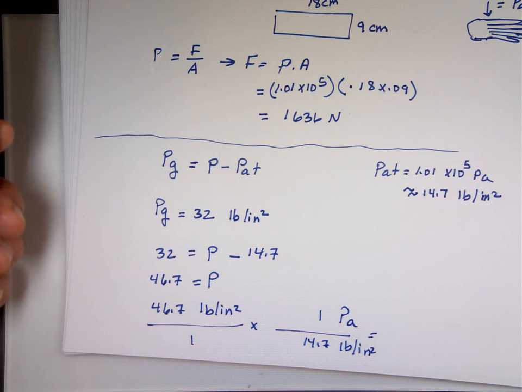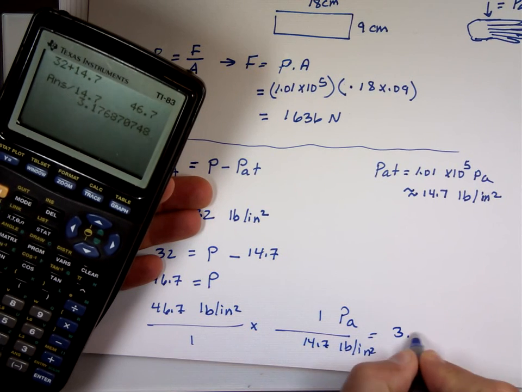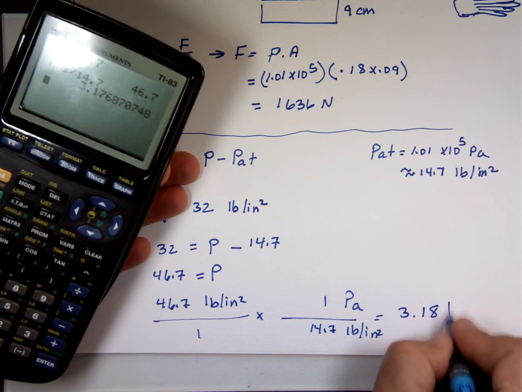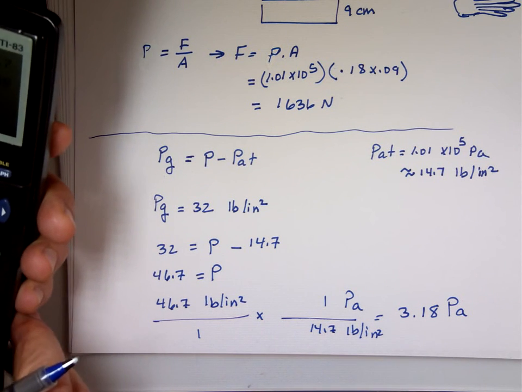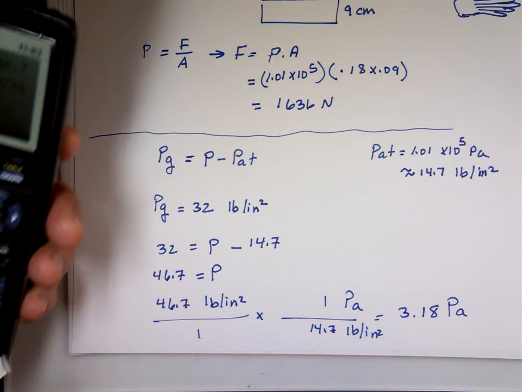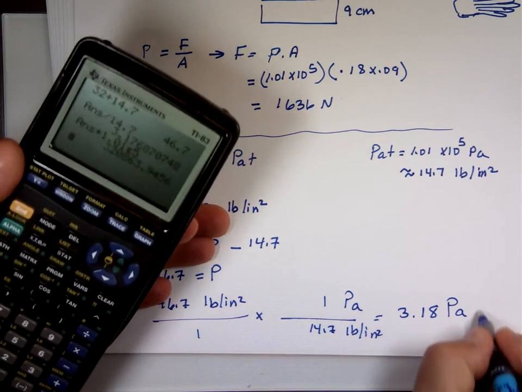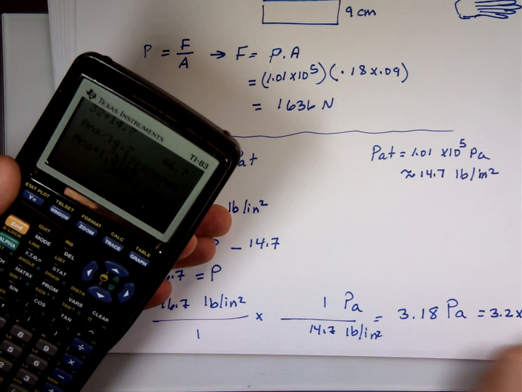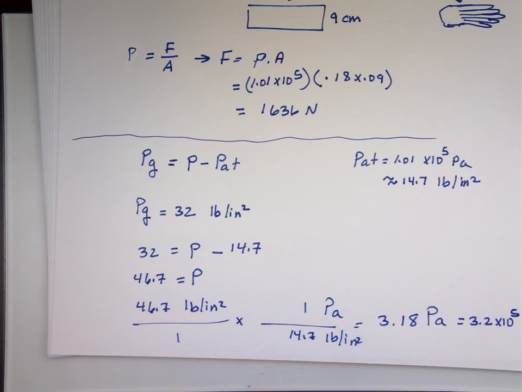The pressure is roughly 3 times the atmosphere pressure: 3.18 P atmosphere, or 3.18 times 1.01 times 10 to the 5th, which is approximately 3.2 times 10 to the 5th Pascals. That's the pressure inside the tire, 3 times the atmosphere pressure.